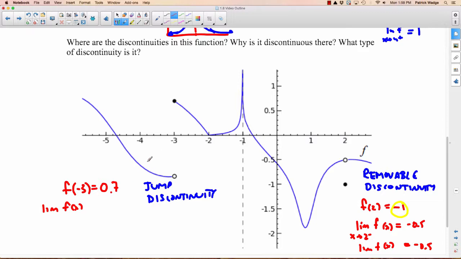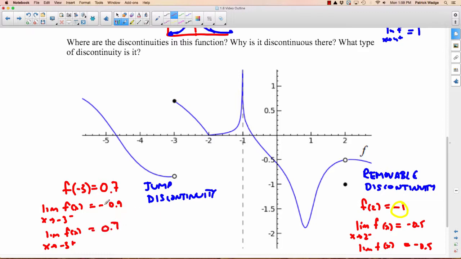So the limit of f of x as x approaches -3 from the left. Well, as we go from the left, it's getting very, very close to a y value of, what's that, about -0.9. As we look from the right, the limit of f of x as x approaches -3 from the right, we're getting really, really close to negative 3 on the right, and we're getting close to a y value of 0.7.